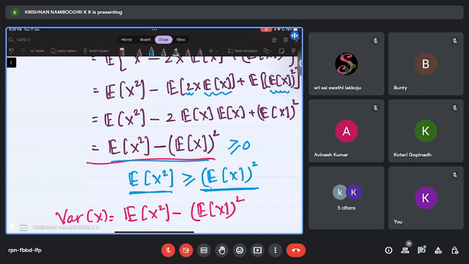For which random variable is the variance 0? It's not really random. Can somebody tell? Variance equal to 0.